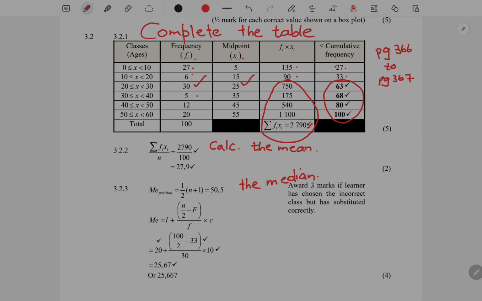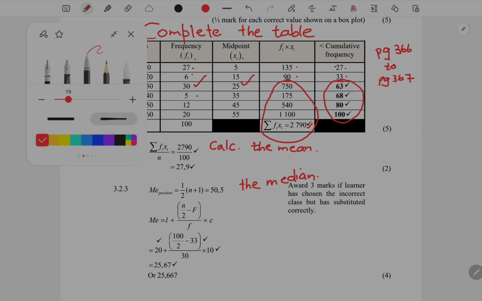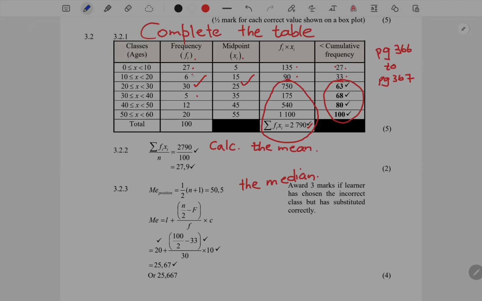Let me use another color, which is blue. So it's going to be 27 plus 6, it gives you 33.